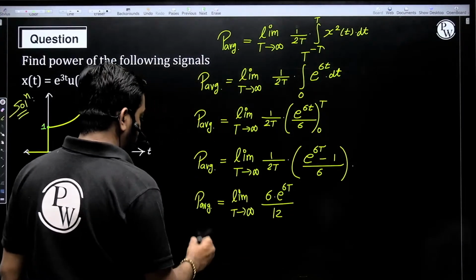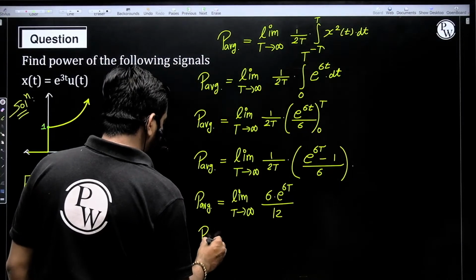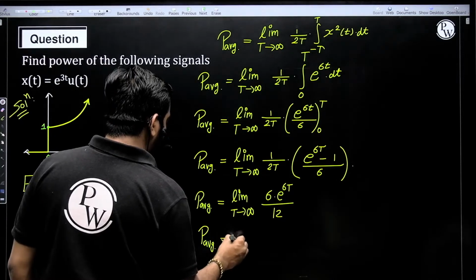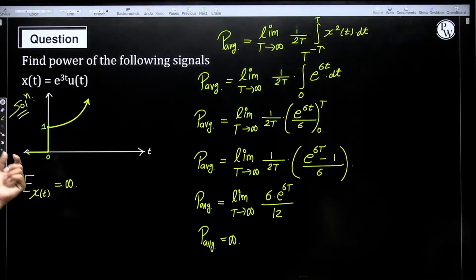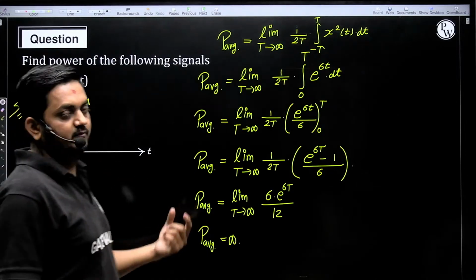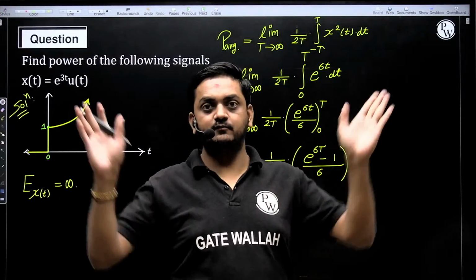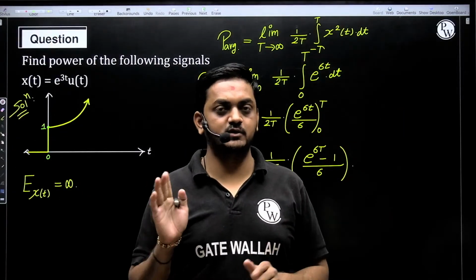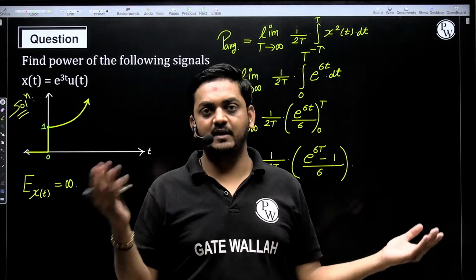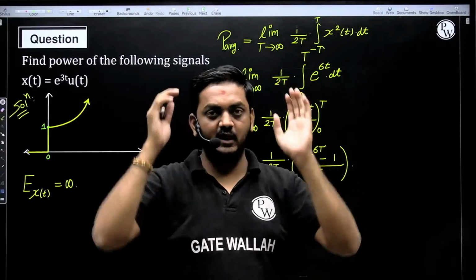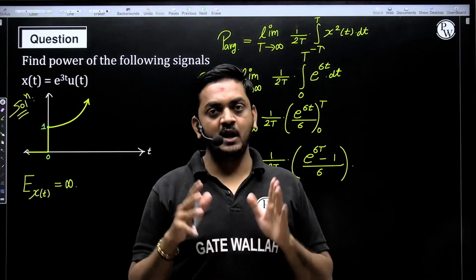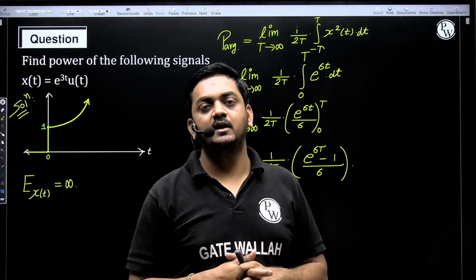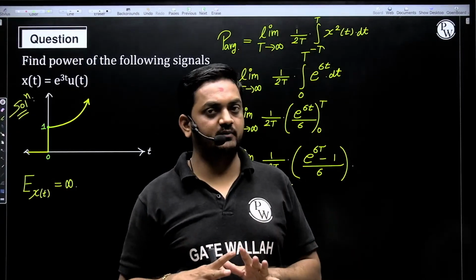Apply the limit. In this case the average power is infinite. So energy is also infinite and power is also infinite. If it is an infinite duration increasing function, whether right sided, left sided or both sided, then energy is infinite and power is also infinite.